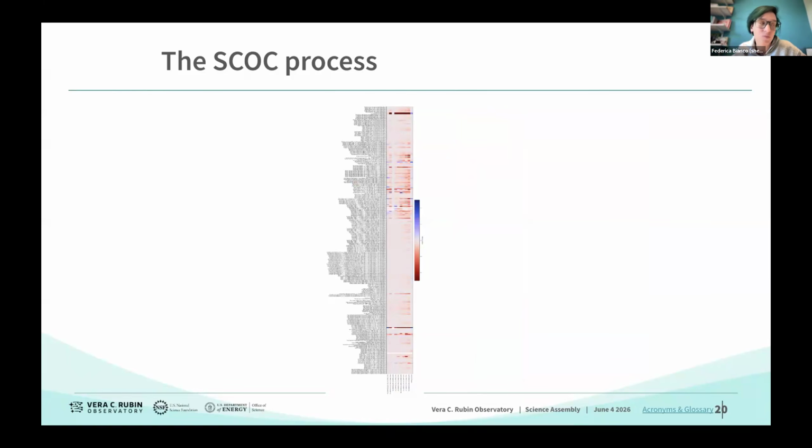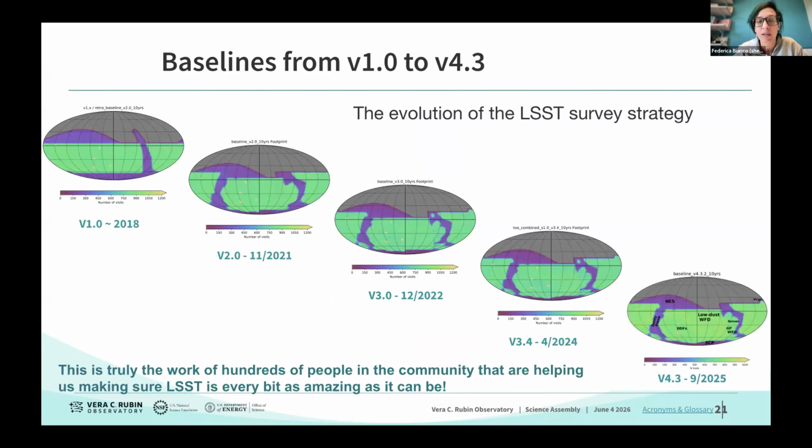And most of those metrics, anyways, were built by the community and delivered together with those cadence notes and white papers. They determine significant changes to the survey strategy. Most obviously, graphically, I can show that to you as how much the footprint has changed over time. On the left, you have the initial footprint. On the bottom right, you have the footprint as delivered in our phase 3 recommendation.